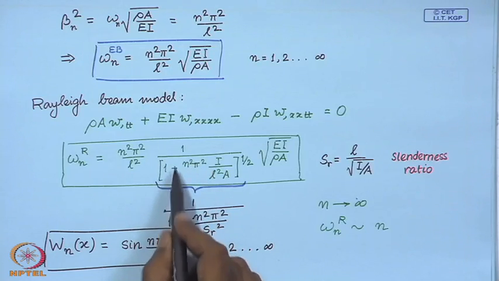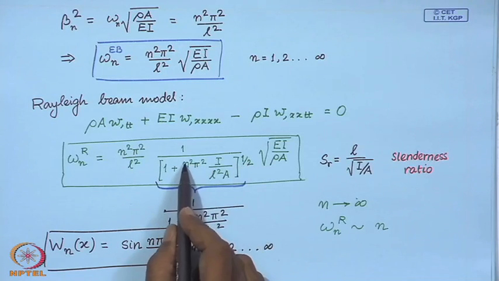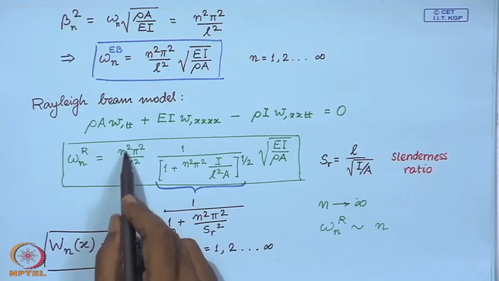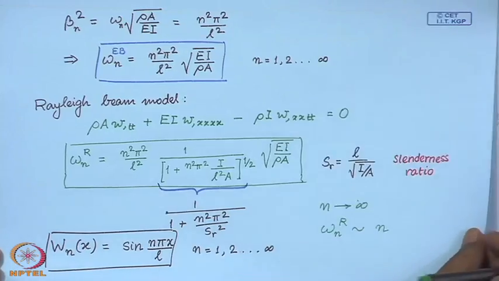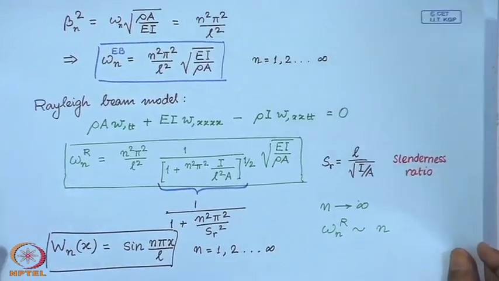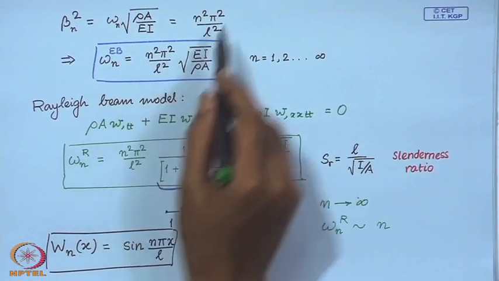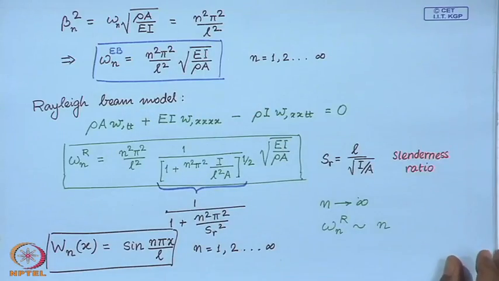So, we can drop this 1. So, the square root of this will be n. So, here there is an n square. So, the Rayleigh beam circular natural frequencies will become proportional to n as you go to higher and higher modes. Whereas, for the Euler-Bernoulli beam it increases as n square, as you can see here.